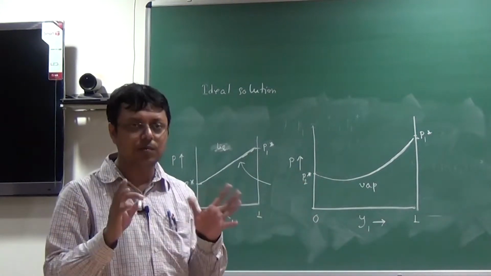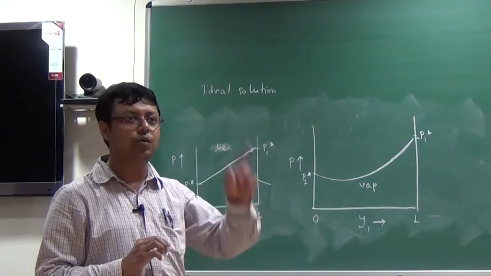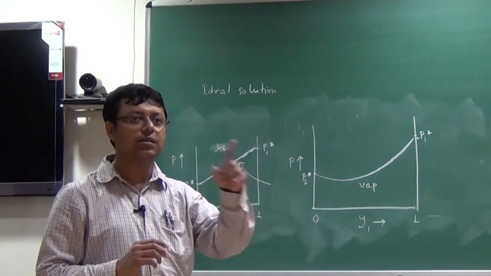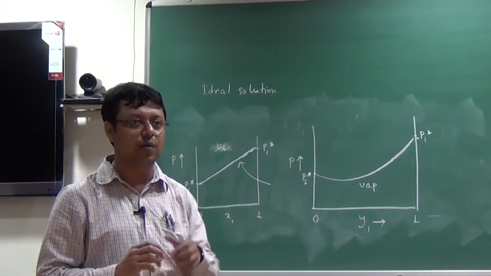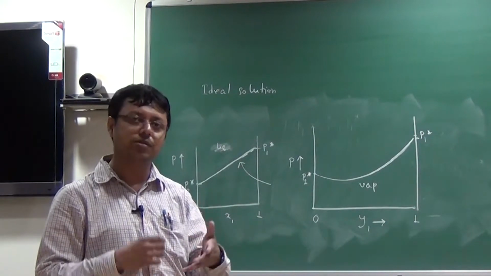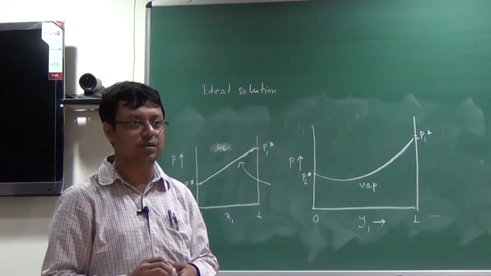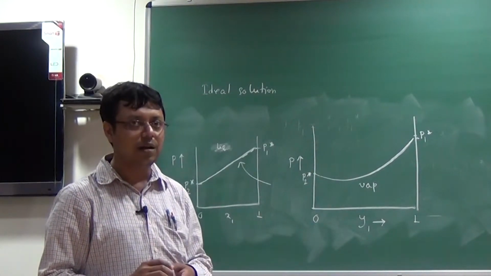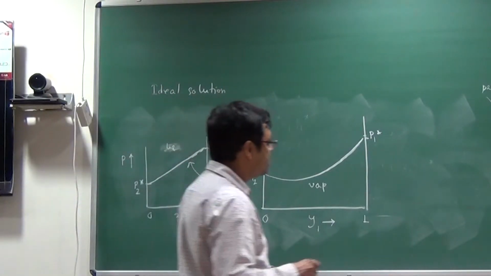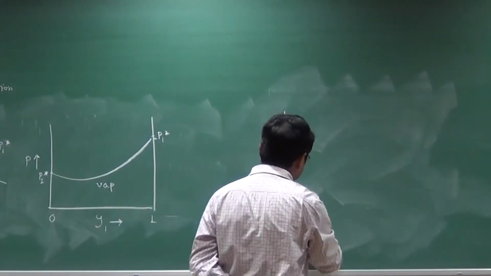Which means if I plot them together, how the total pressure varies as I increase 1, the mole fraction x1 will also increase, and the partial pressure will also increase. Now, together, of course, as you can see.